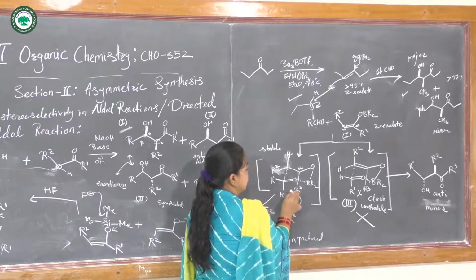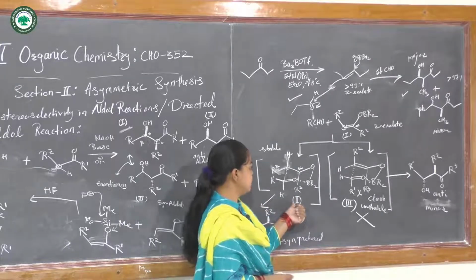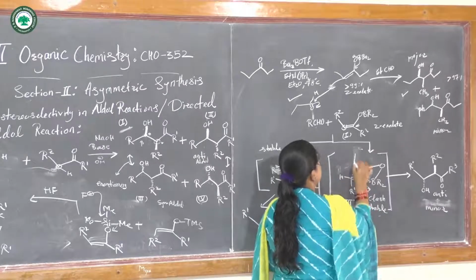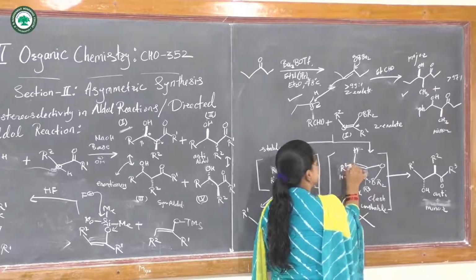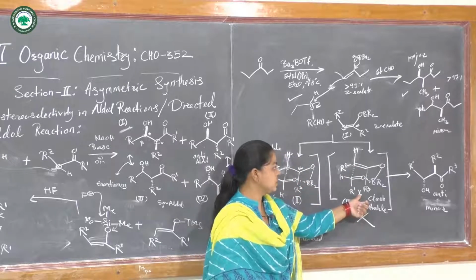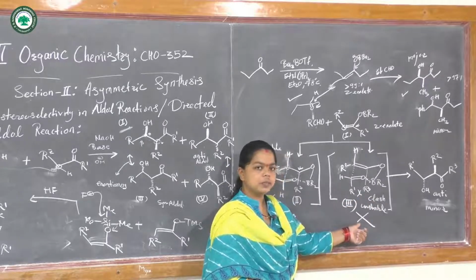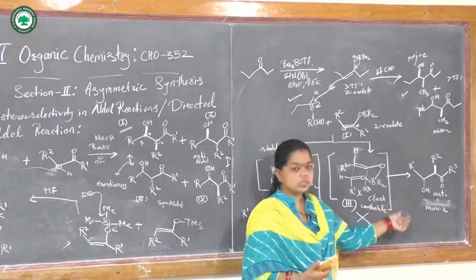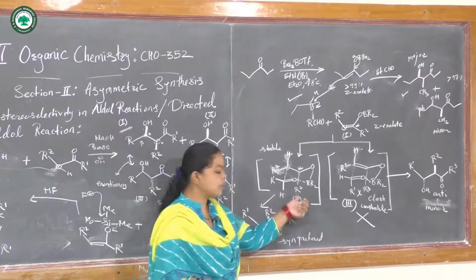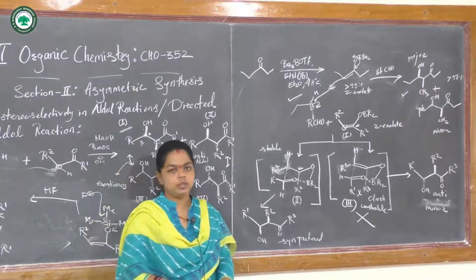In this transition state, the hydrogen comes here and this becomes R2. Again for this type of transition state, a clash is there. So this becomes unstable and gives rise to the corresponding syn product for the E enolate, and the stable transition state gives rise to the anti product for the E enolate.